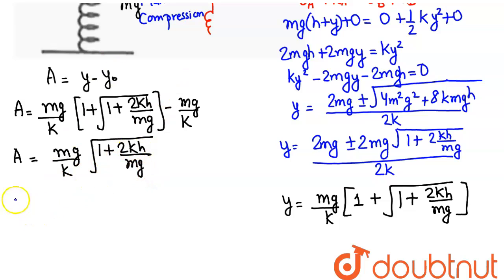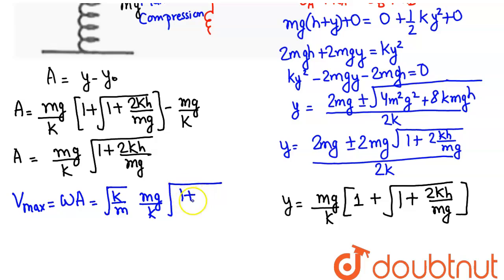Now velocity at the mean position is maximum velocity. As we know, at mean position velocity is maximum, given by omega into A, where omega is root under k upon m, into mg upon k under root of 1 plus 2kh divided by mg.